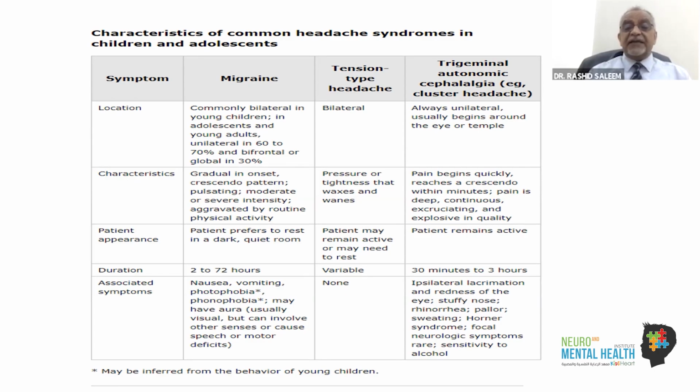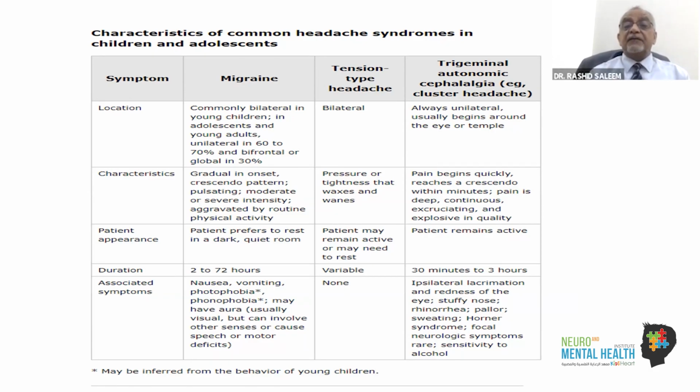Tension type headaches, conversely, are basically pressure or tightness around the head, or it can also be felt on the back of the head and in the upper back muscles as well. Tension type headaches are mild to moderate in severity. These are not aggravated by physical activity.